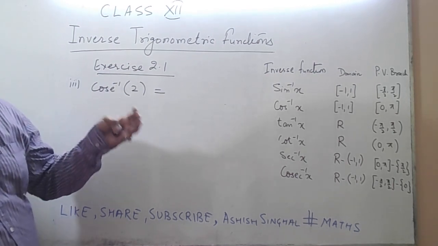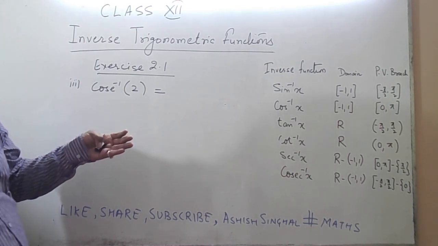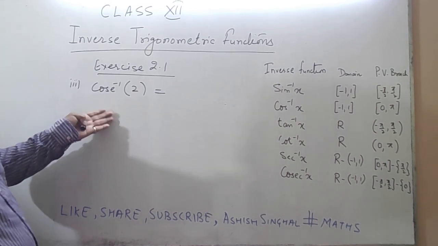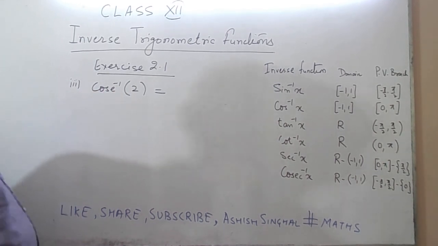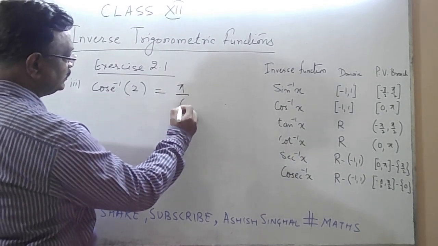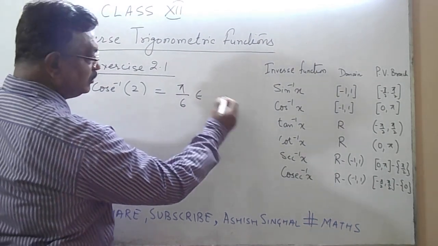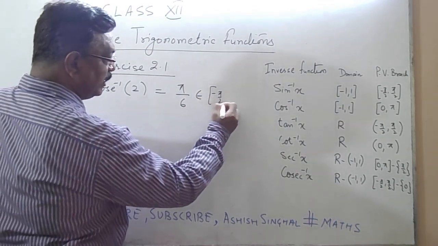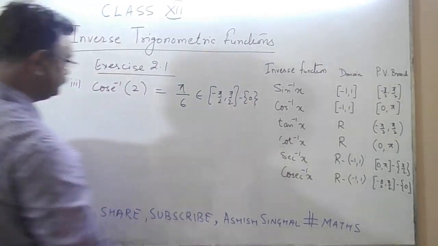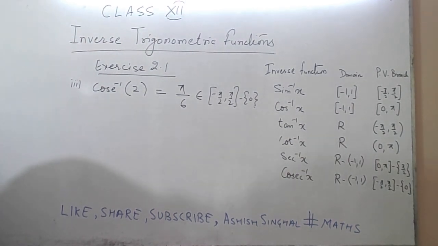Sine theta is equal to half at 30 degree, which is π/6. So cosec inverse 2 will be again π/6, which again belongs to the closed interval minus pi by 2 to plus pi by 2 except 0. So this is again the principal value of this question.